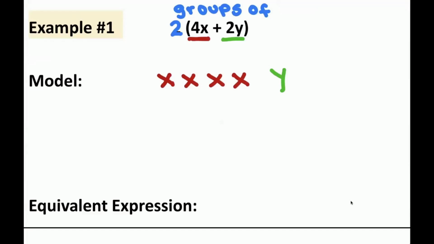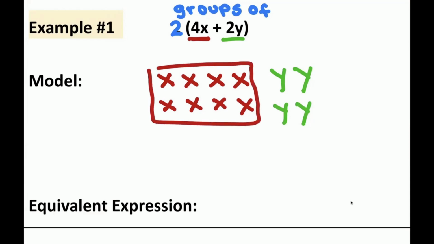And then I'll write 2y. So we can start by writing what's on the inside of the parentheses. Then we know there's 2 groups, so we'll just write it a second time. 4x plus 2y.